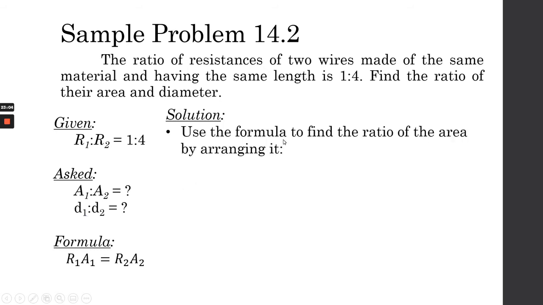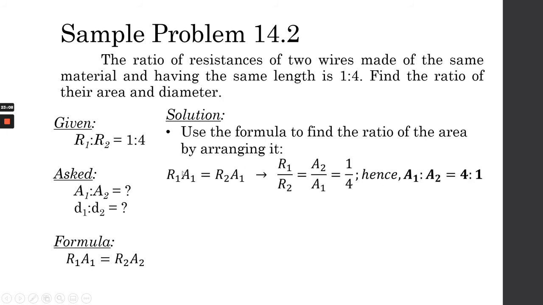Solution. Use the formula to find the ratio of the area by rearranging it. So we know this is the equation. We rearrange the equation by multiplying both sides by R2 and dividing both sides by A1. So R1 over R2 is equal to A2 over A1. But we know that R1 over R2 is equal to 1 over 4 because that's the ratio.